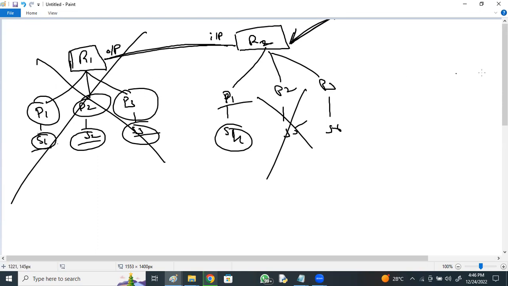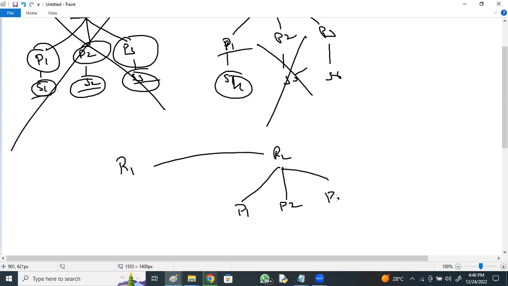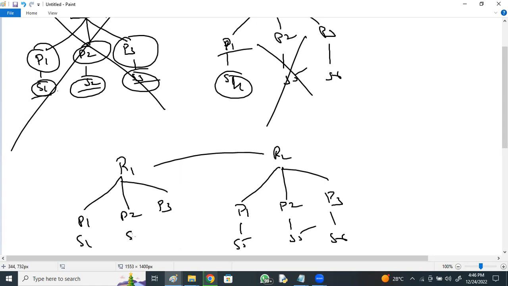I got it. Okay, but here R1 is there, R2 is there, but R2 is in 3 partitions, and the computation of P1, P2, P3 is not finished. While the computation is not completed, processing not completed, still it is processing, means partition 1, partition 2, partition 3 of S1, S2, S3, are they still available or not?